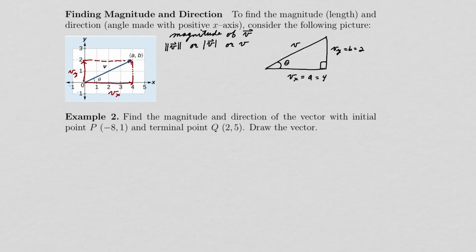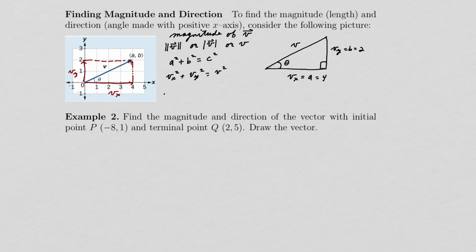Well, just use Pythagorean theorem, right? We know that in this case a squared plus b squared is equal to c squared. But a is really Vx squared, and b is Vy squared, is equal to V squared.